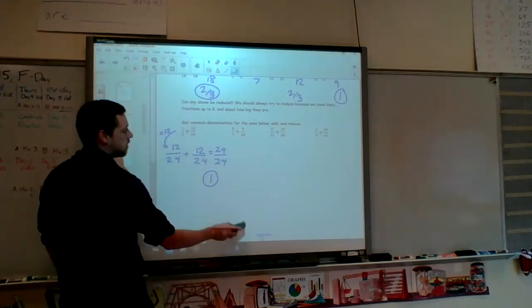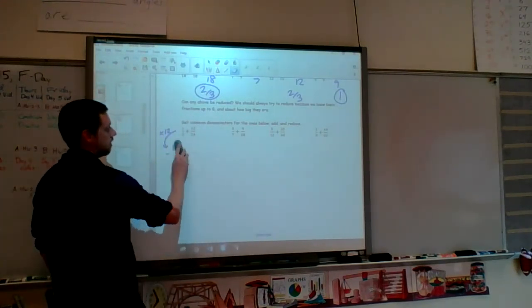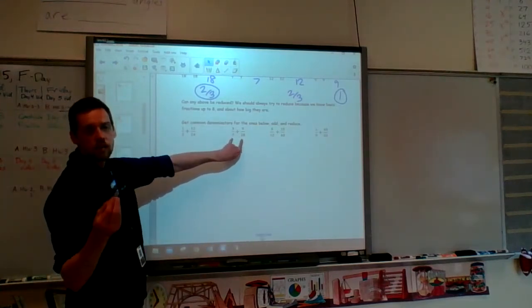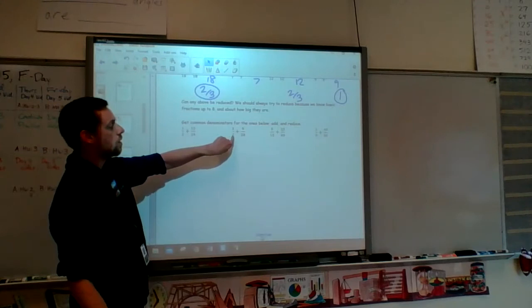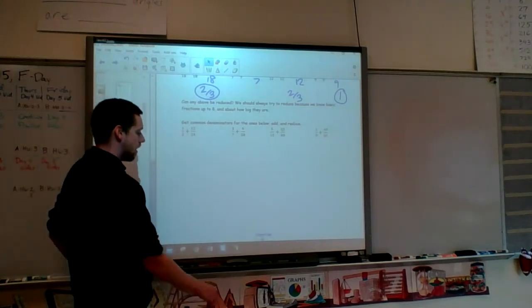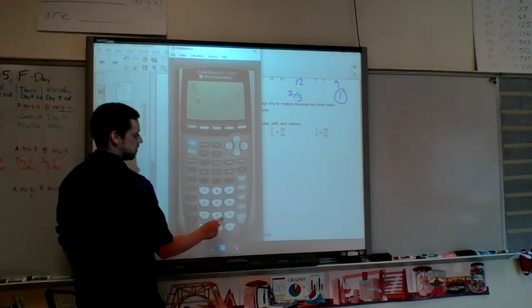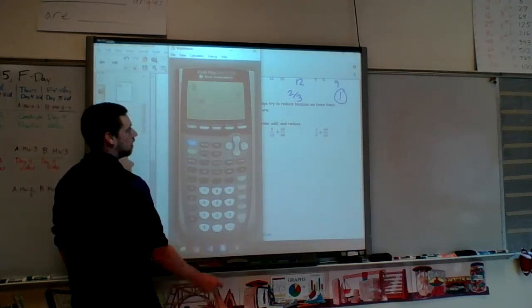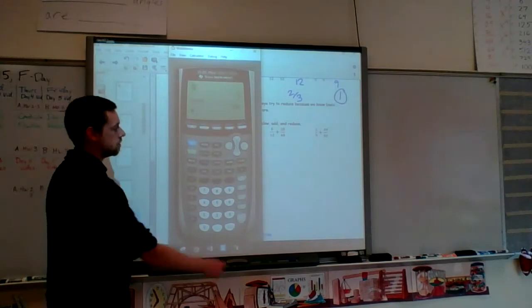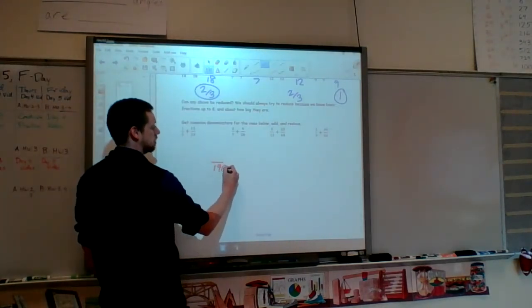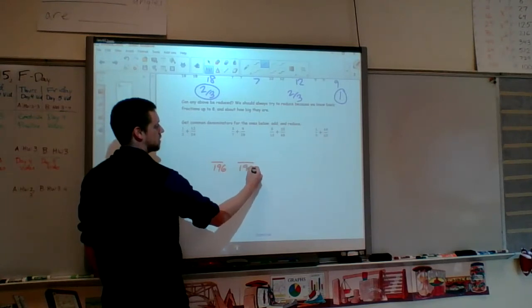If you want to use the multiplying trick like we did yesterday, if you don't know if 7 goes into 28, I can multiply both of them. 7 times 28 is 196. So I can turn both of them into 196.